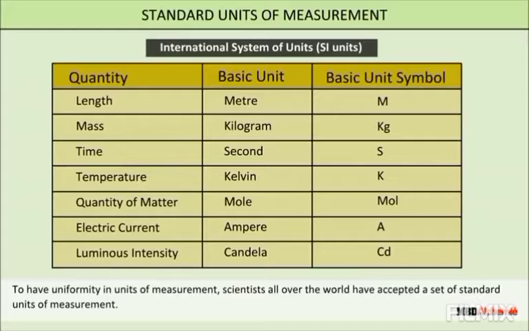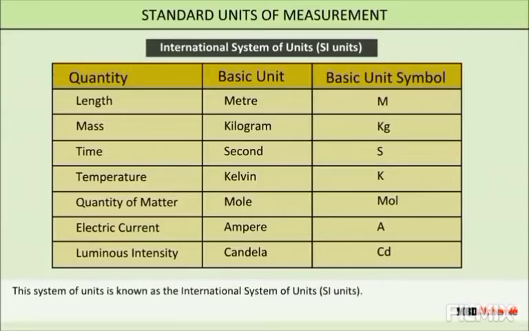All the world accepts these standard units for mass, time, temperature, etc., as given in the table. Now we are only learning about length. This system of units is known as the International System of Units, or SI unit.